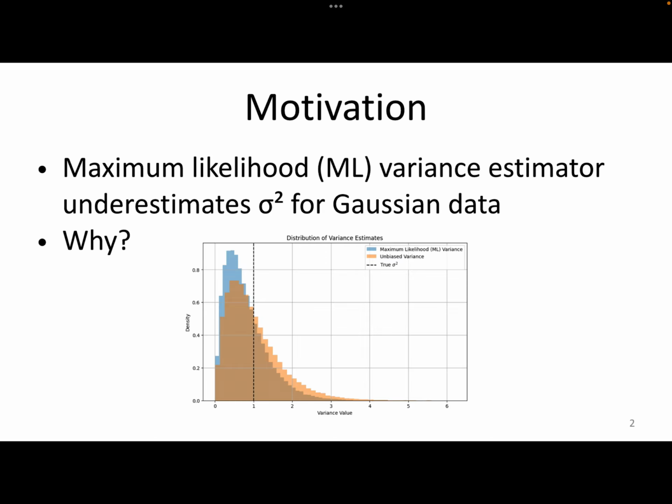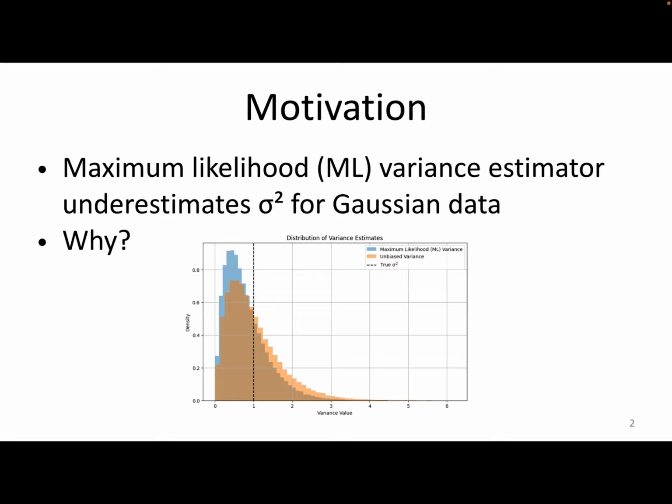Let's start with a simple experiment. I simulate 100,000 sets of Gaussian samples. For each set, I compute the maximum likelihood variance estimate and the unbiased variance estimate. And here is what we see.